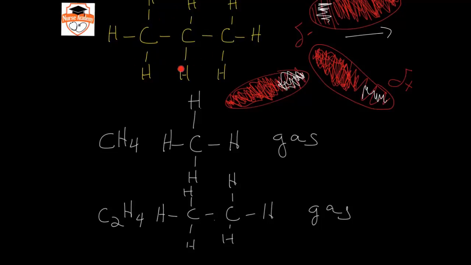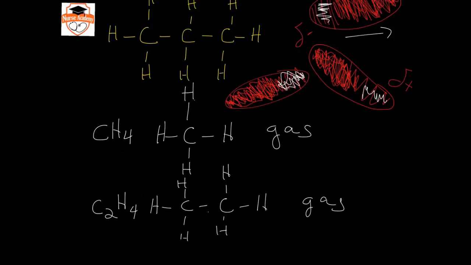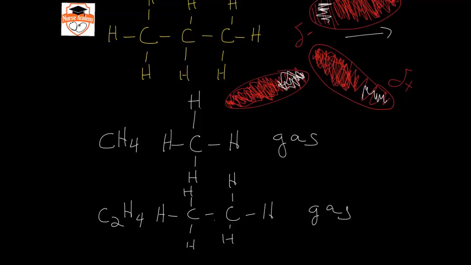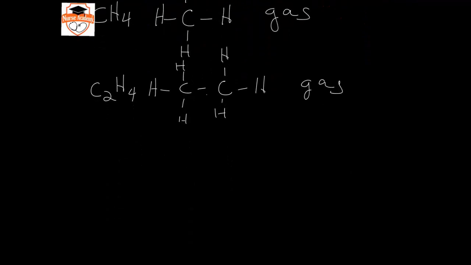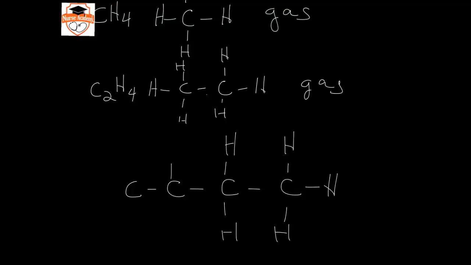And then finally, we have propane, which is now a gas at room temperature, but it's fairly easy to bottle in liquid form, and that's where we get our propane tanks from. And then when we get to butane, butane has 4 carbons, and it has 1, 2, 3, 4, 5, 6, 7, 8, 9, 10 bonds.